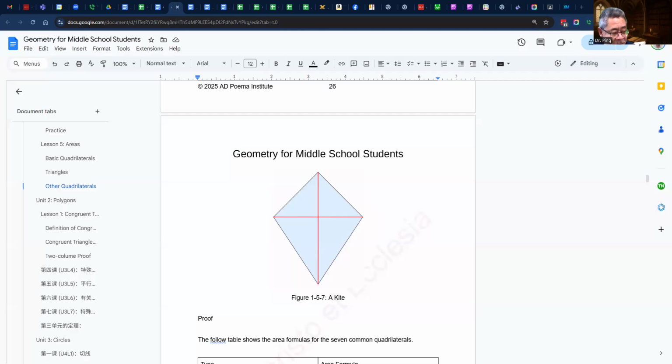Yeah, length times width, or base times height. Okay, so we got square, rectangle. The next one is the parallelogram.